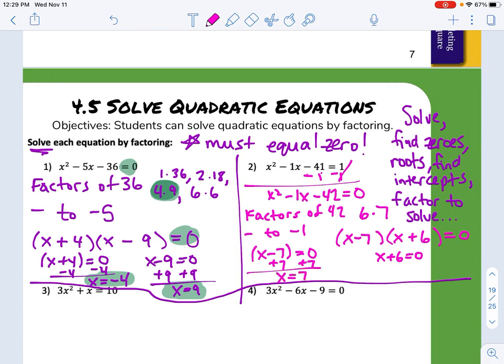So x equals 7 and x equals negative 6 are my two solutions. Notice you could draw a graph for this again. That's where this quadratic equation graph crosses the x-axis.